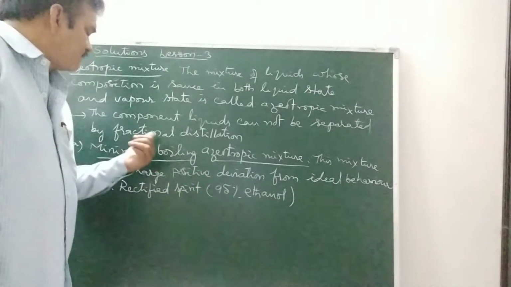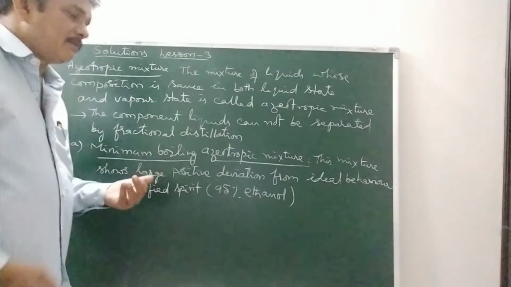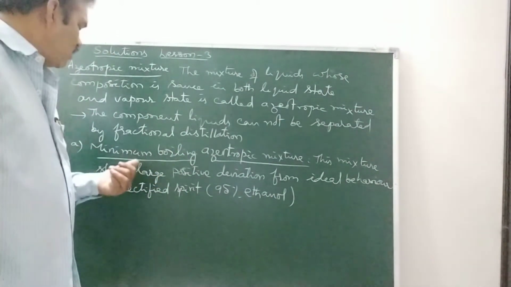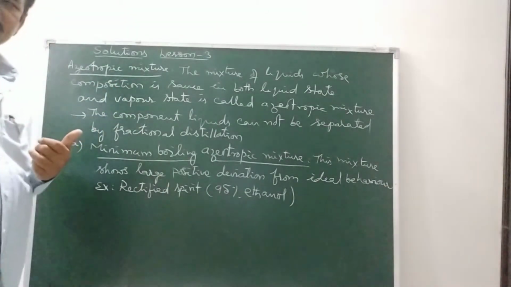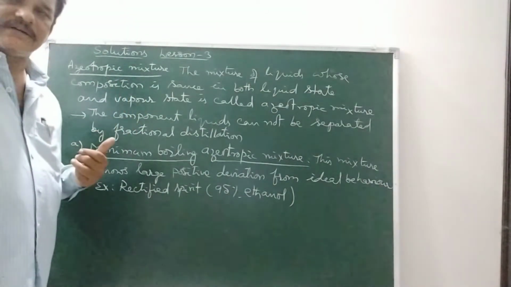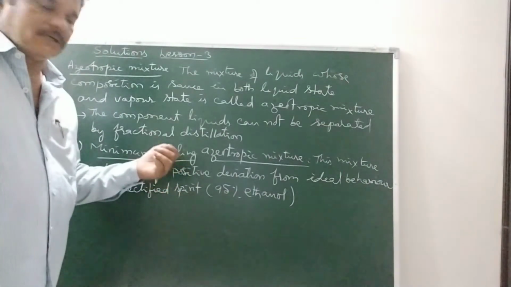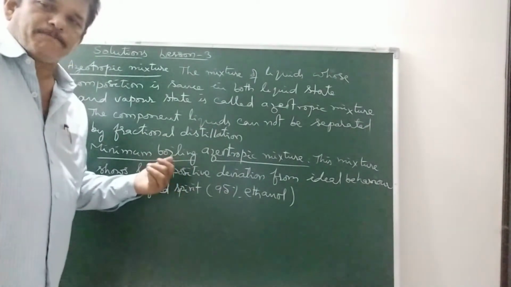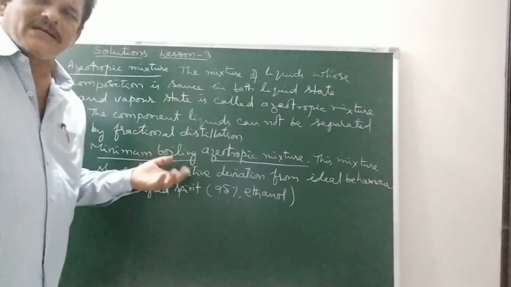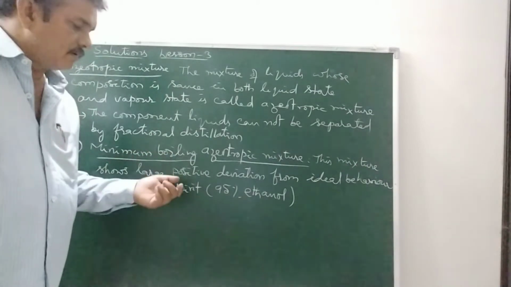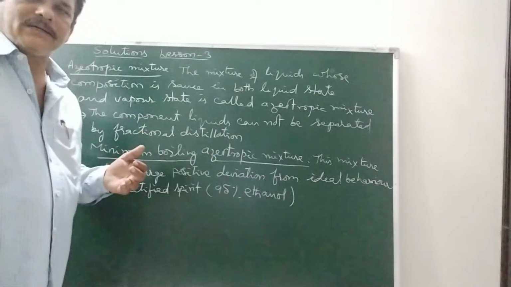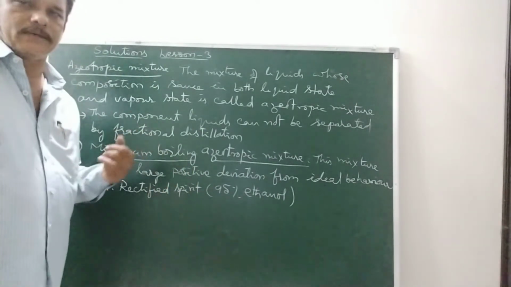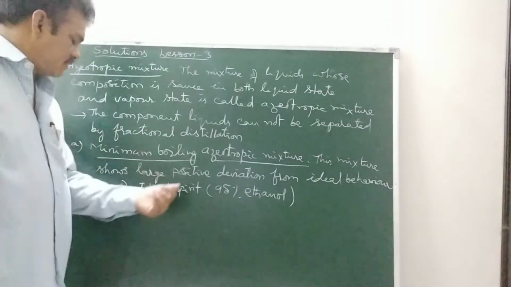So this is also known as a constant boiling mixture. As we cannot separate ethyl alcohol and water by fractional distillation, the 5% water is removed by passing the mixture over quicklime, CaO. CaO absorbs water and 100% alcohol is obtained, which is called absolute alcohol.